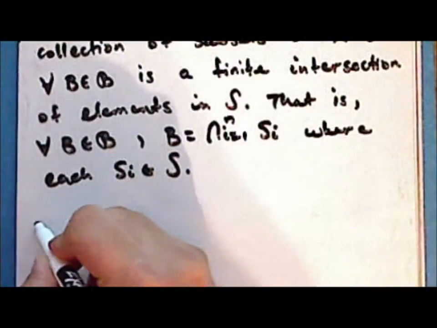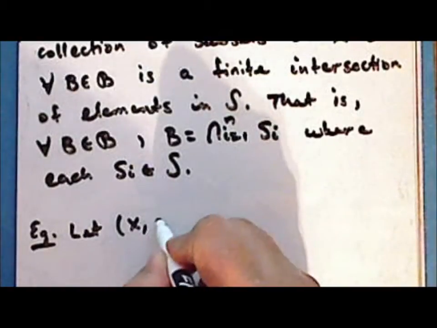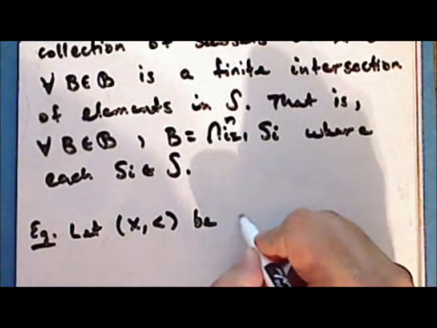Okay, so let's look at an example. Let the set X together with relation less than be a simply ordered set.